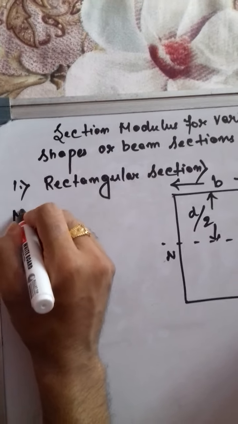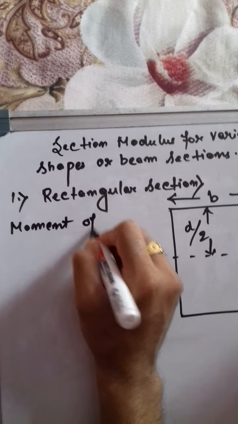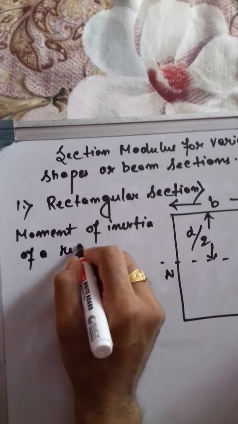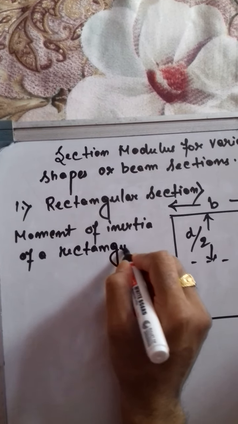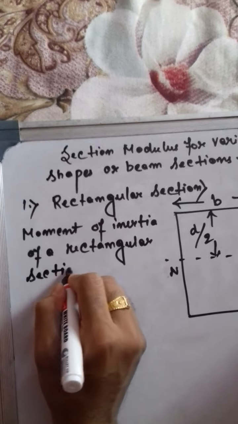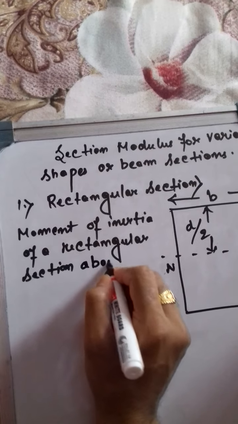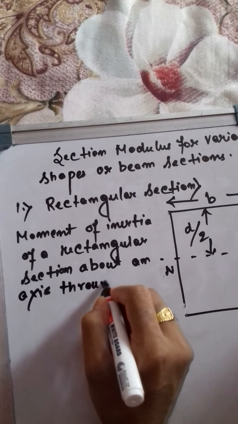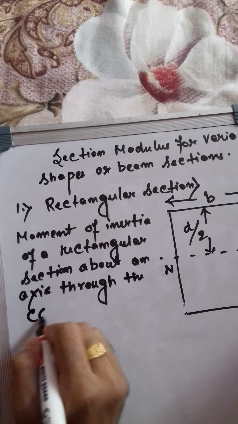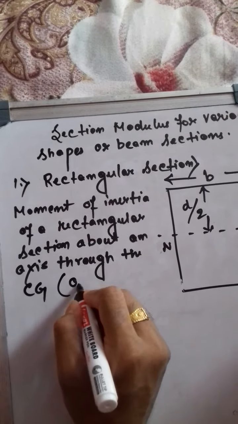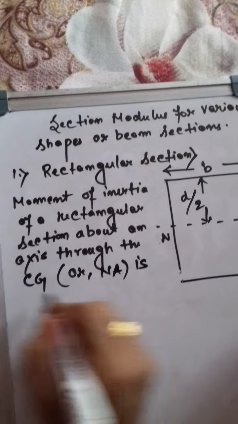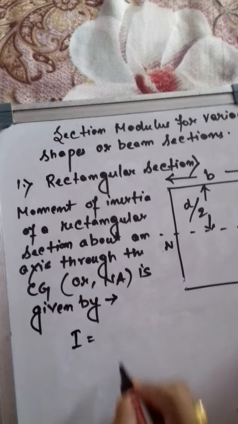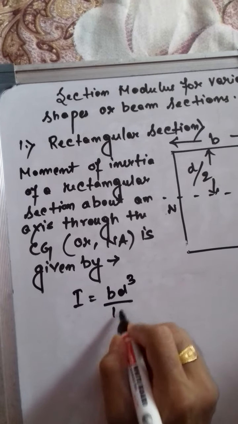Okay, now we know that moment of inertia of a rectangular section about an axis through the CG, or in this case you can tell the neutral axis, is given by I equal to, we know the formula is bd cube divided by 12.